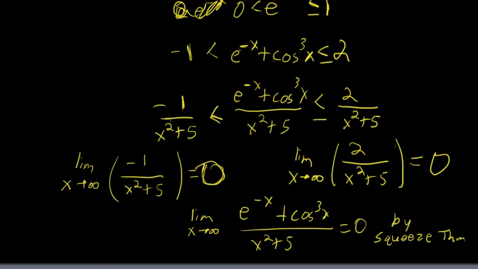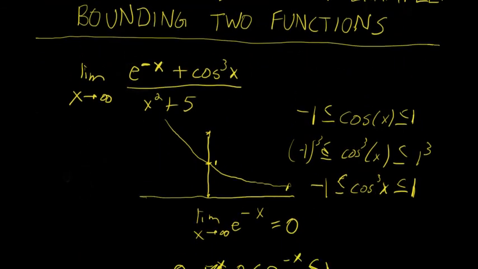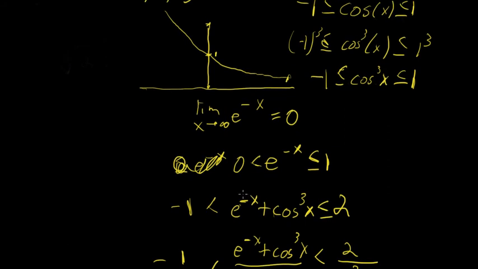So all we did here in this example was bound both this e to the minus x function and this cosine cubed of x function. Then we took the sum of their boundaries to generate this inequality here.